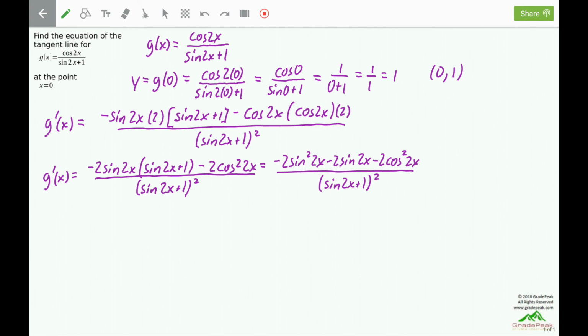Now for our derivative, I'm going to group together this term and this term because we are going to have an identity, and the identity will happen anytime you have sine squared and cosine squared and they have the same coefficient, whether it be positive or negative. They're both negative here. And so we can group those together. This will just help us simplify the form of the derivative.